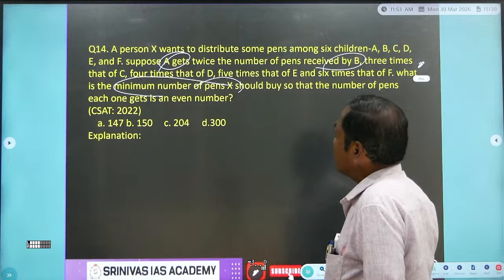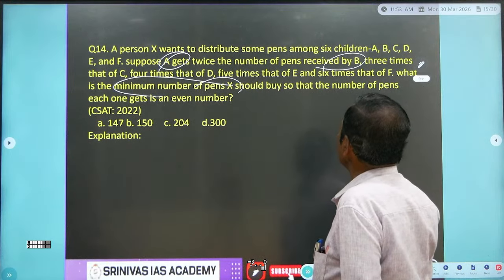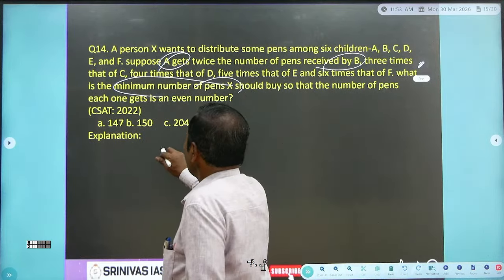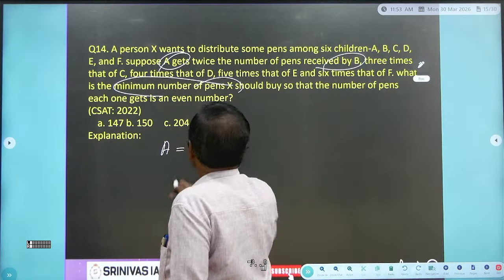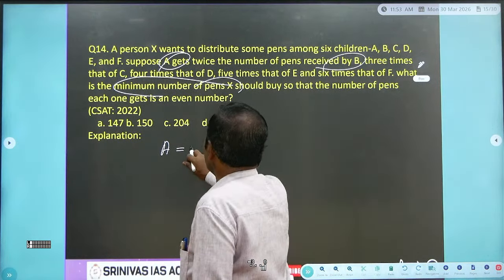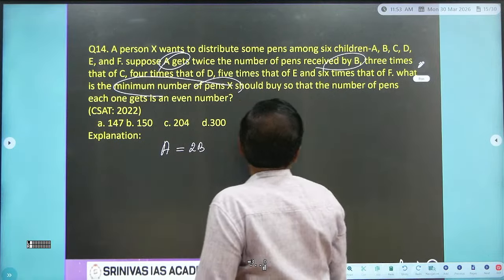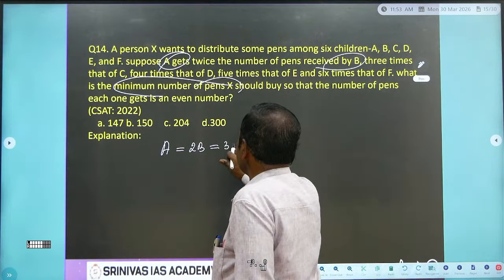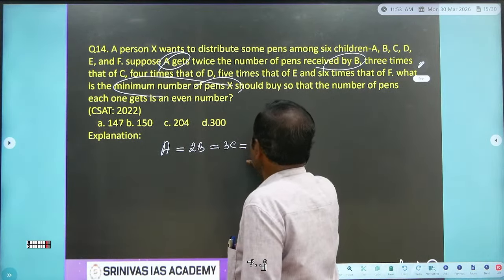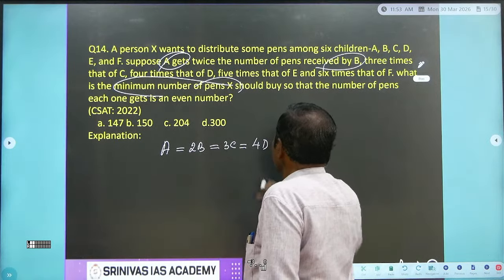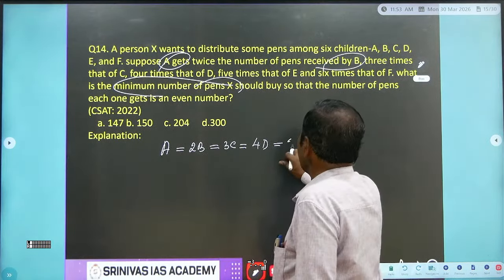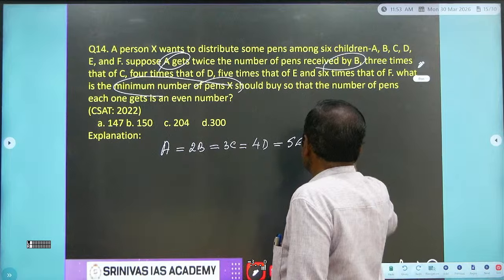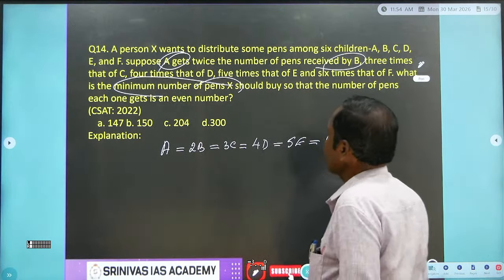Suppose A gets twice the number of pens received by B. So A gets 2B, 3 times that of C, so 3C, 4 times that of D, so 4D, 5 times that of E, and equal to 6 times that of F, or 6F.